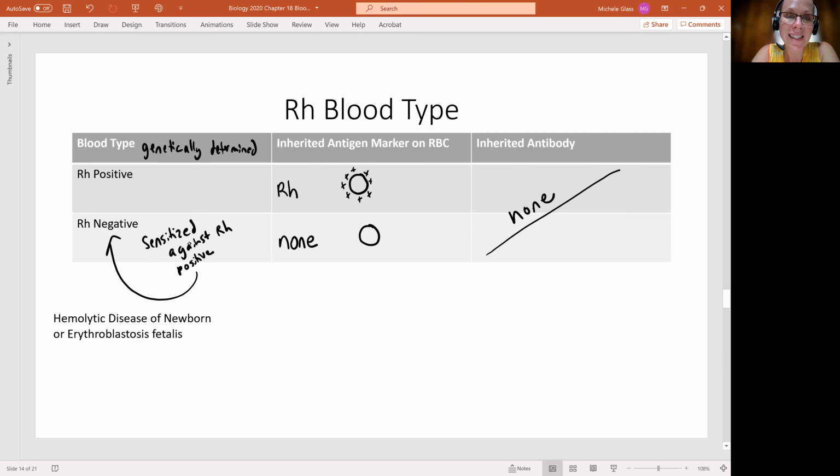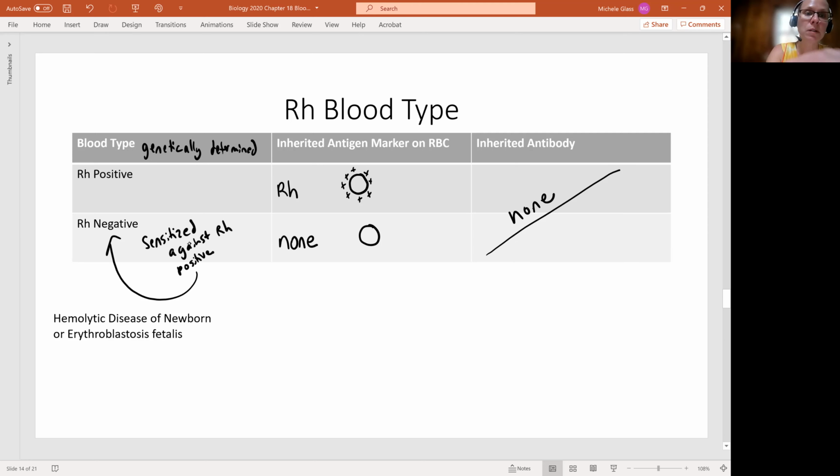Now, how do you get sensitized? You have to be exposed. So an RH negative person would have to have RH positive blood in contact with their body, in their bloodstream, in order to get sensitized. So if an RH negative person has a blood transfusion with RH positive blood, then they can be sensitized, right?